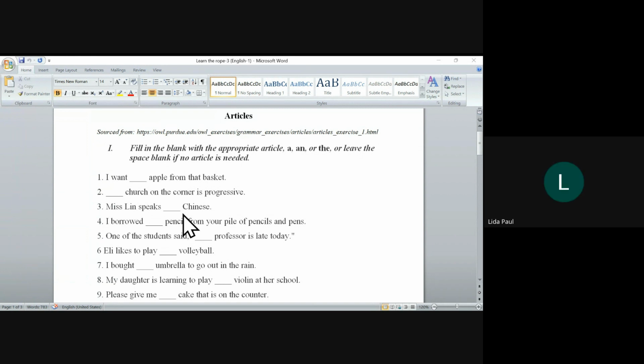If I say I want the apple from that basket, what would it mean? Student: Means apple of a particular basket. Ma'am, we can assume that the basket has two or more kinds of fruits. So the person is saying that I want the apple, he refers that he wants just apple.